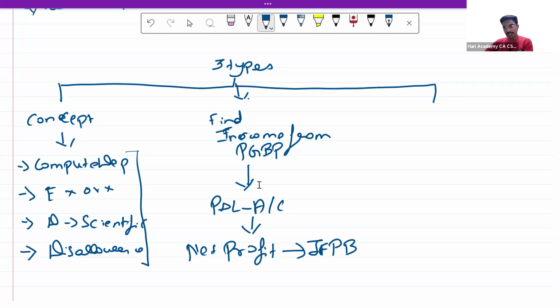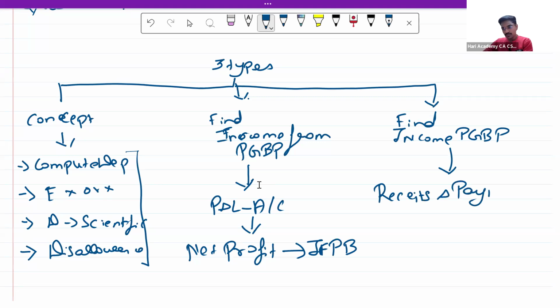The third type of question is again to find income from PGBP, but in this, they'll not give you a profit and loss account, but the receipts and payments account. There will not be any P&L, so you first have to find the accounting profit, or you can directly find the income tax profit.